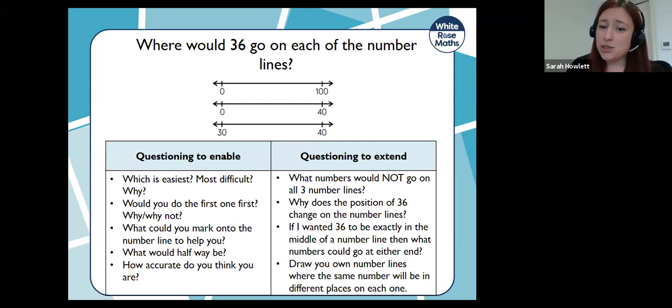Maybe the children have that discussion about why the number 36 changes its position every time, rather than just filling it in and moving on to the next question. Rapidly moving through questions doesn't always elicit that talk that we want in the classroom and that depth of understanding. Some of these simple questioning techniques really can develop that talk within our classrooms.